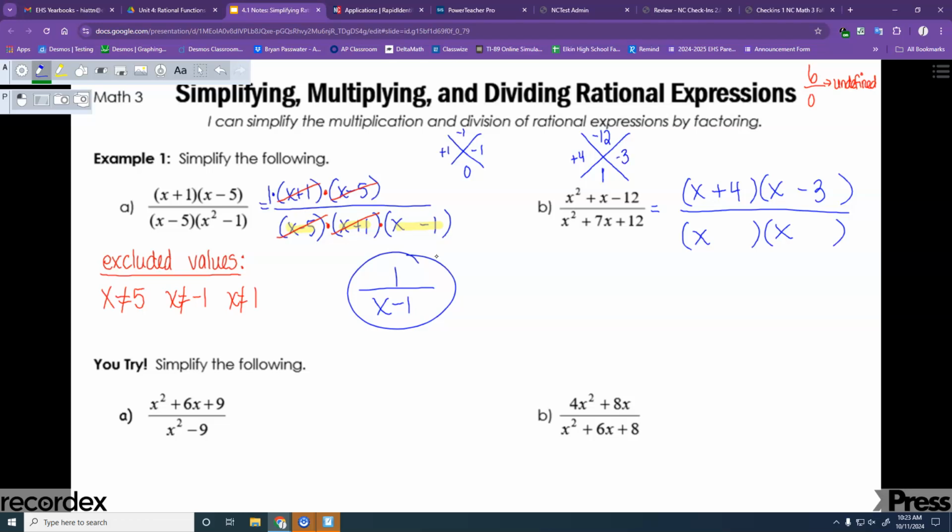For the bottom one, it's almost the same thing, but we'll have a positive 4 and a positive 3, because if we're doing the X method there, you're multiplying to get 12 and adding or subtracting to get 7. That'd be positive 4, positive 3.